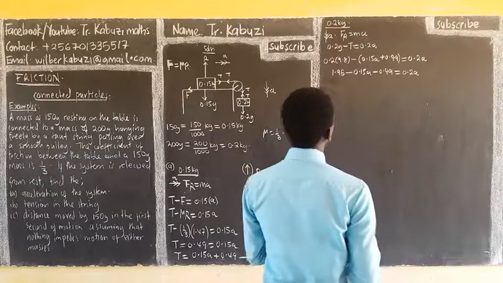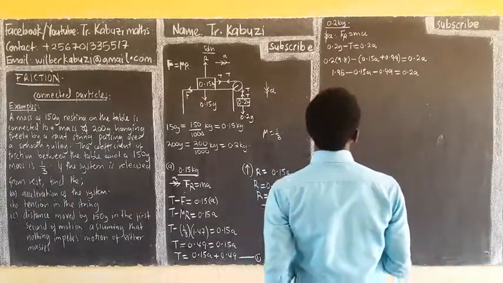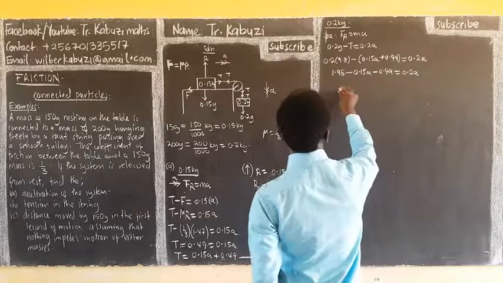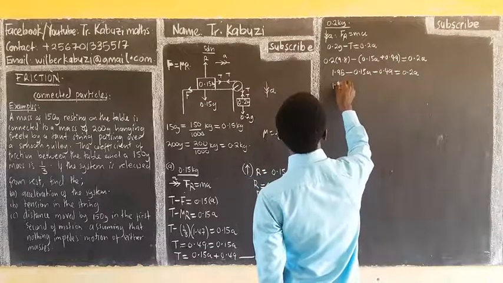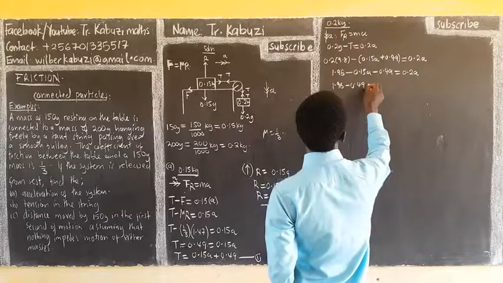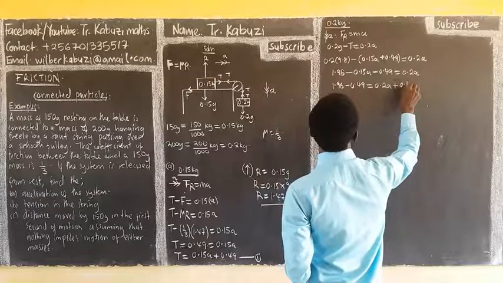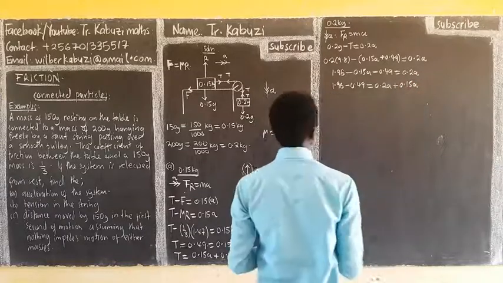When I take this side, I'll be having this minus this, so 1.96 minus 0.49 equaling 0.2a plus 0.15a.